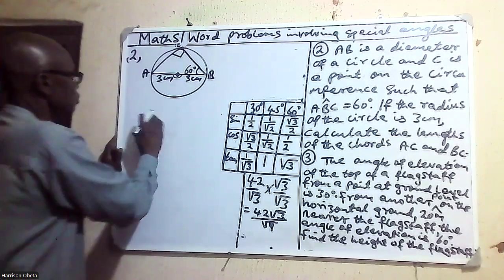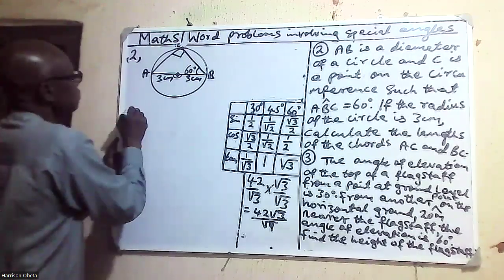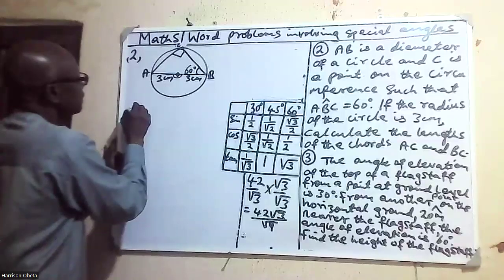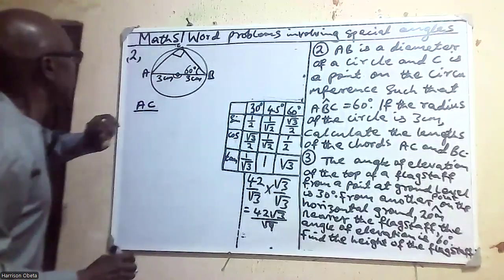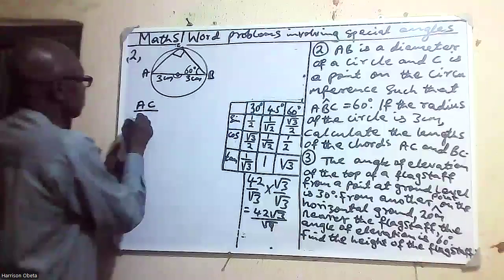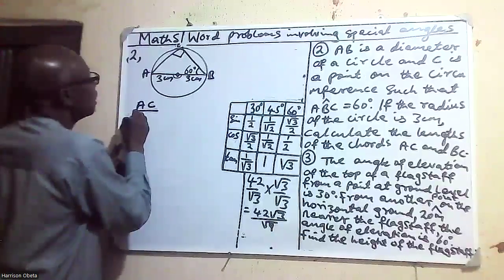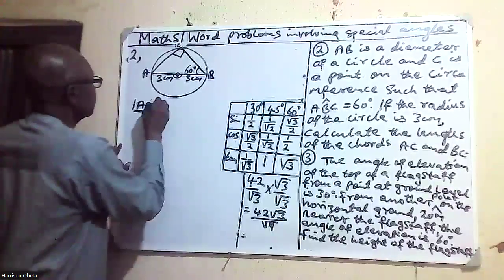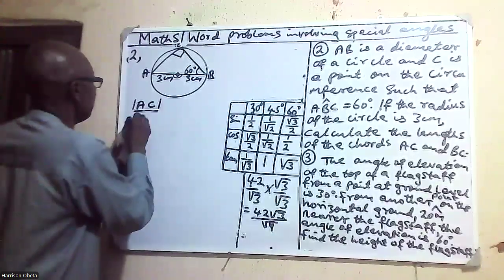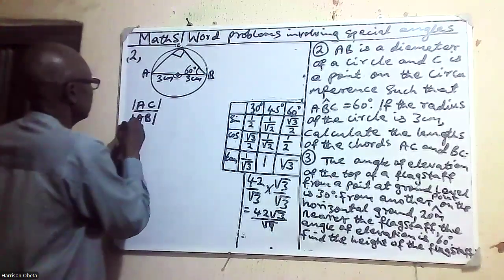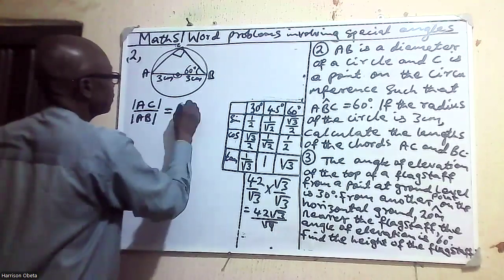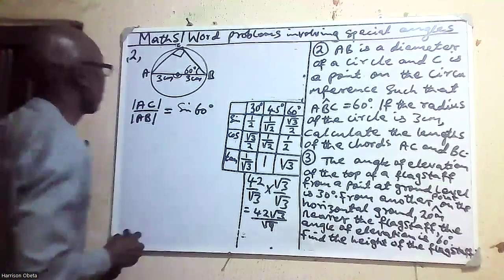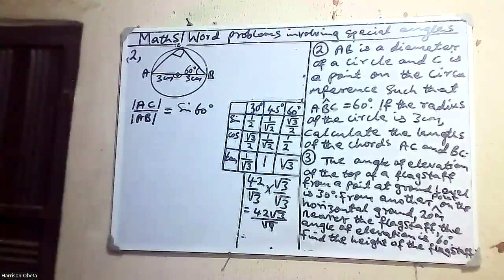So, using our formula, we say that AC all over, that's opposite over hypotenuse, AC all over AB is equal to sine 60 degrees. That is opposite over hypotenuse.